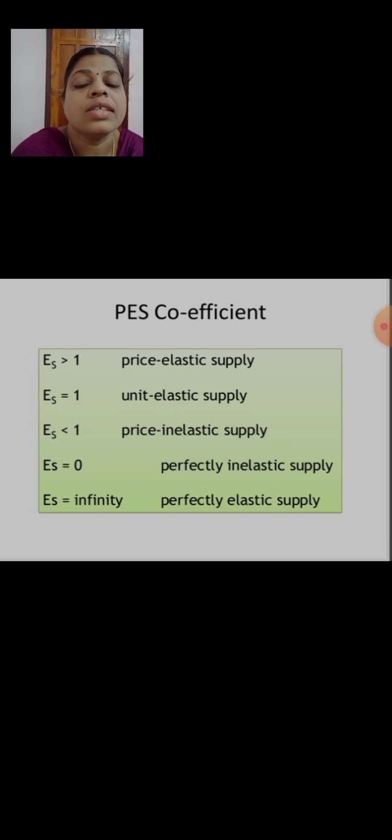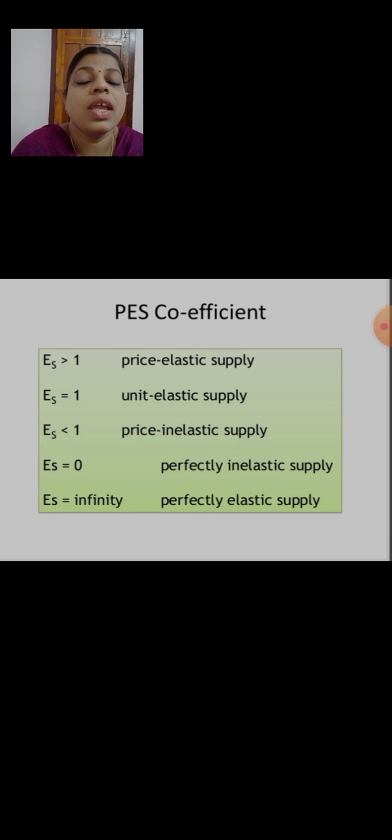So far we have talked about increase, decrease and proportionate changes. But here ES equal to 0 means it is perfectly inelastic. Whatever the changes in the prices, there is no change in the supply at all.